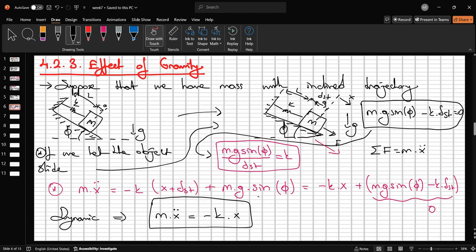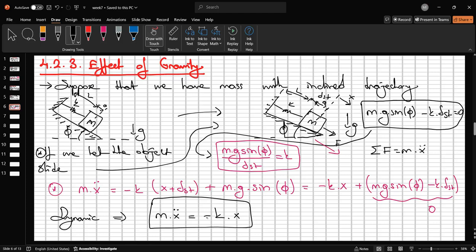If we free this mass, this is equal to this one, and then this mg sin phi minus k times delta st cancel each other, and so we will have this equation in the dynamic form. Okay? Any question?